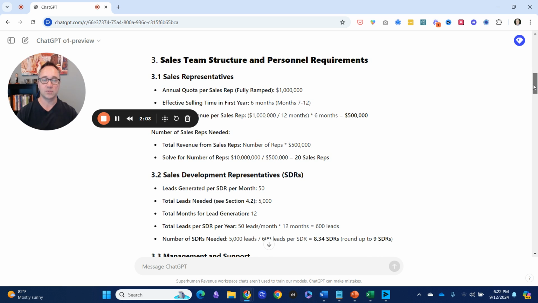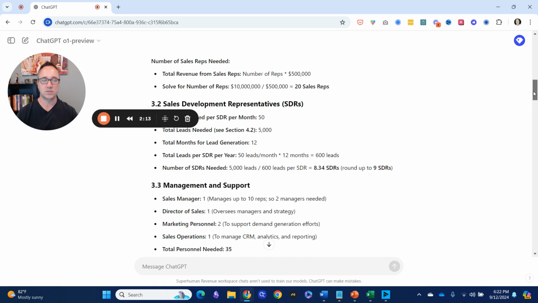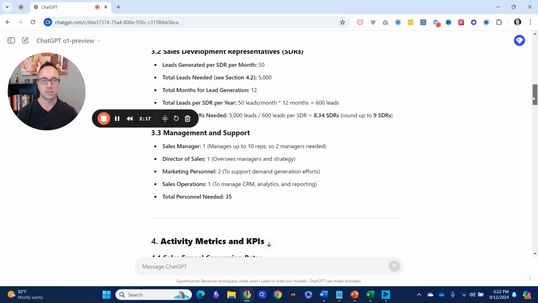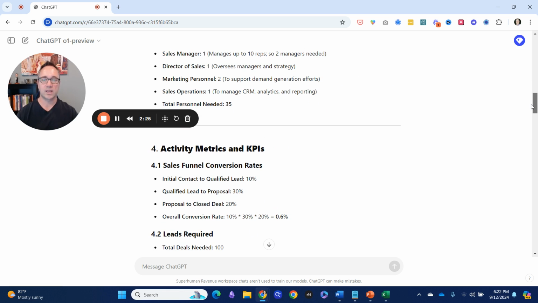Okay, this is pretty good. So 20 reps, holy Nikes, that's a lot of people to hire. And it's also talking about SDRs. So it's got 50 leads gen, leads needed total months, 50 months, 600 leads, 8.34 SDRs. Okay, 10 reps, 2 overseas management, marketing personnel. Wow, 35 people to make that happen. I guess for a $10 million company, it's kind of expected.